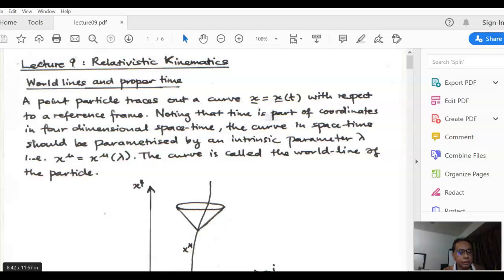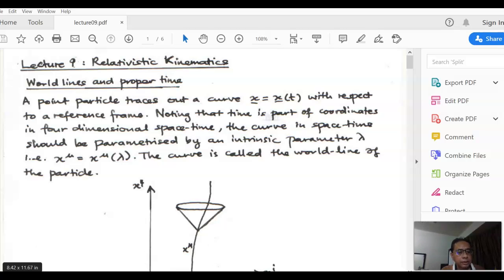In kinematics, just like in mechanics, we have the idea of velocities and also acceleration to be described in the context of special relativity. So remember, in the case of mechanics, free particles will trace out straight lines.